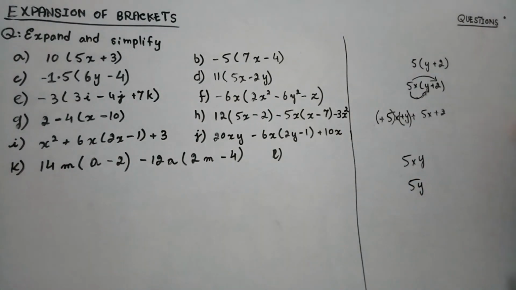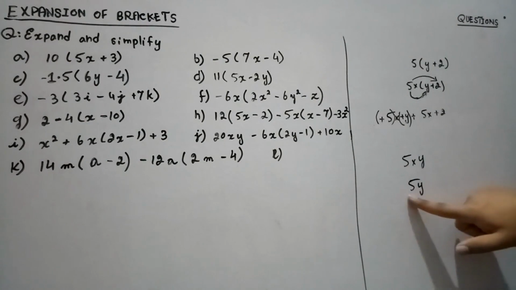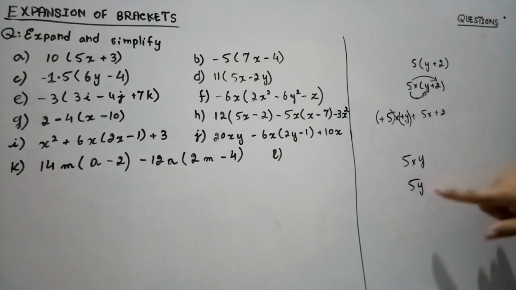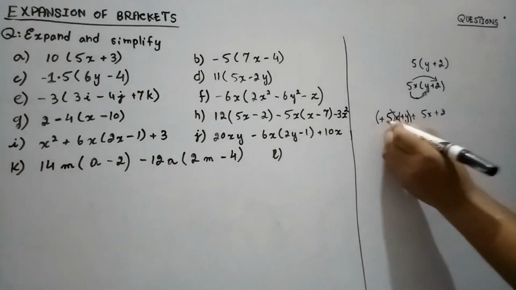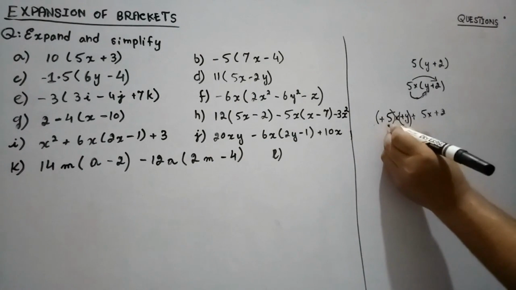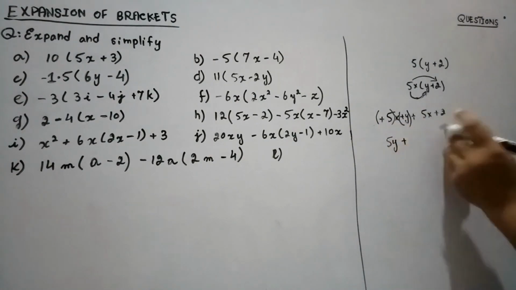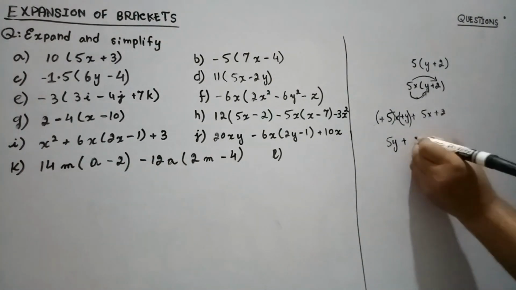How 5y? Actually 5y means that 5 is going to multiply with y, so I can write 5 multiplied by y as 5y. So here if I write the answer, 5 multiplied by y is equal to 5y. Here we have a plus sign, and this 5 is going to multiply by 2, so 5 2s are 10.